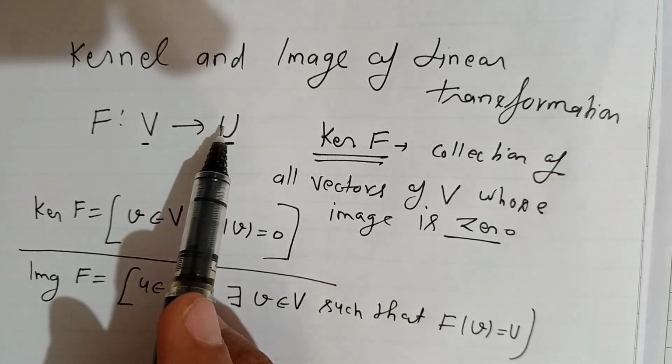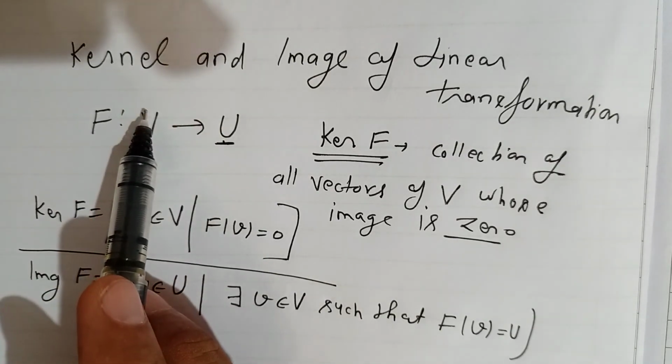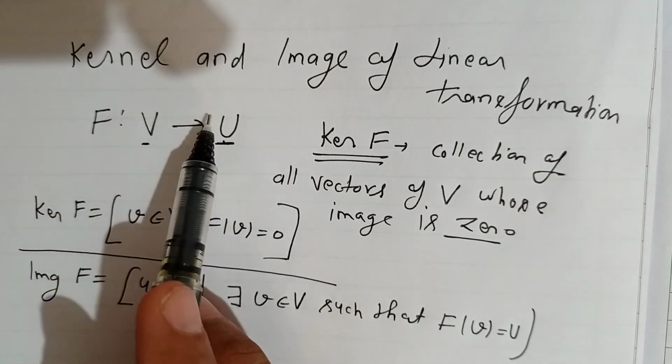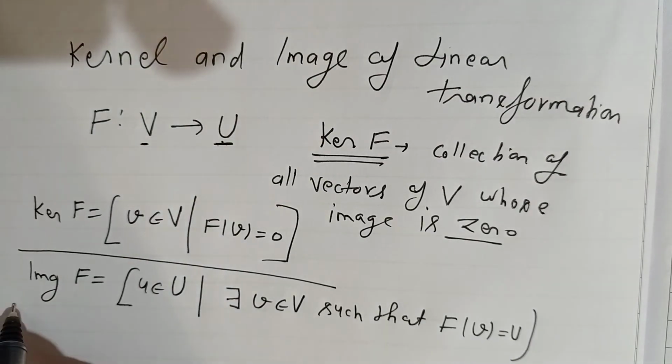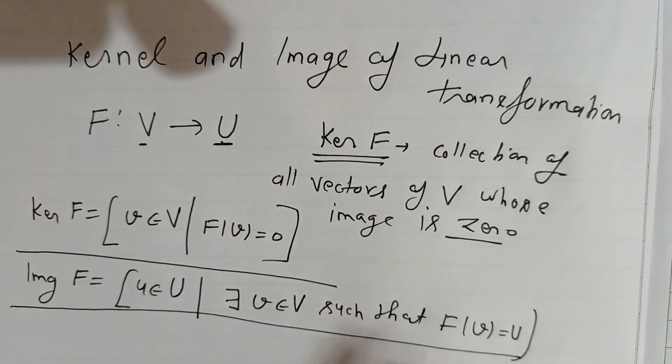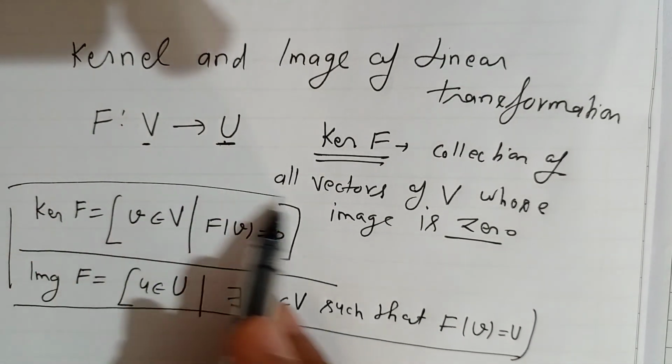Pre-image means there exists one element in V such that f of v equals u. So this is your kernel of f and image of f.